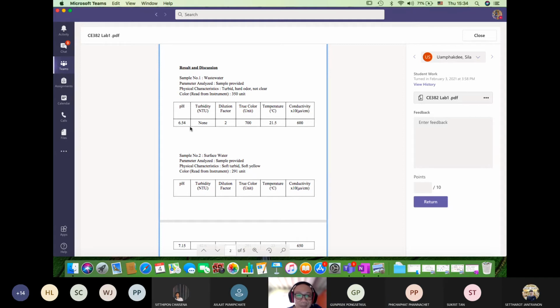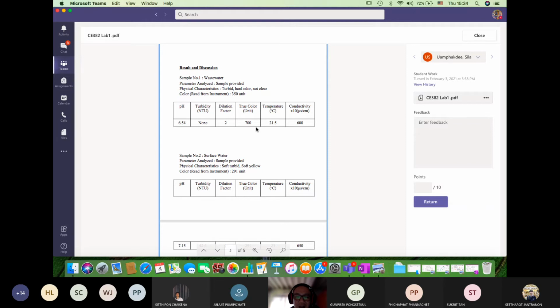For the wastewater, the pH is 6.5, dilution factor is 2. This is not the way you present the results, because the dilution factor 2 is the dilution factor of what?